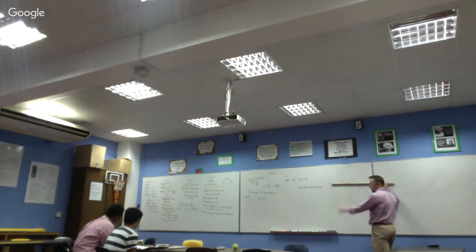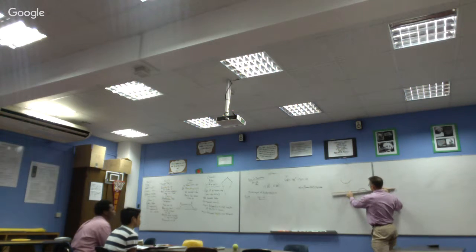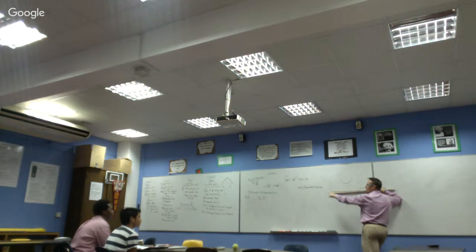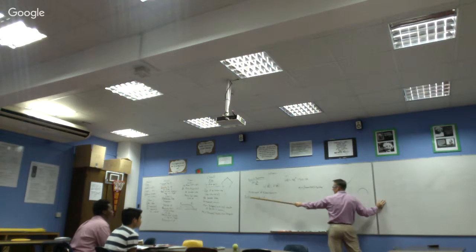Well, think about it. Look at this visually. If it's above and opening down, what do you know? Maybe it's positive. What do I know about the x-intercept? Oh, it's negative. Not necessarily. What does it mean to have an x-intercept?